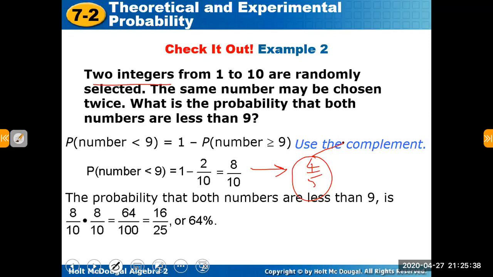So probability of both the numbers are, and as I said here, the same number can be chosen twice. So they have the same probability for both. So we have 4 over 5 multiplied with 4 over 5, which will give us 16 over 25.